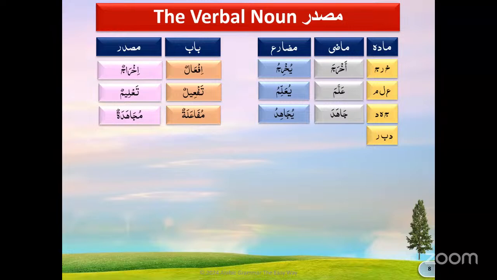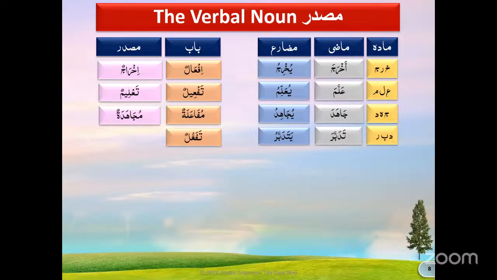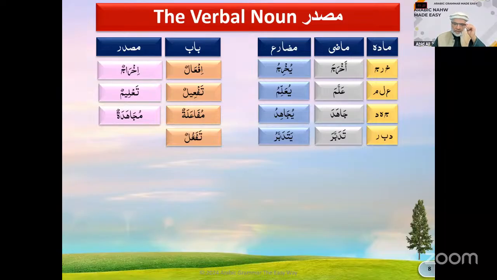Yeah, go ahead, please. Okay, Sister Unaiza, you have dal, ba, and ra. The Madi pattern is tadabbara, and Muḍāri is yatadabbaru. And the pattern or the bab is tafa'ulun. So what will be your Maṣdar?